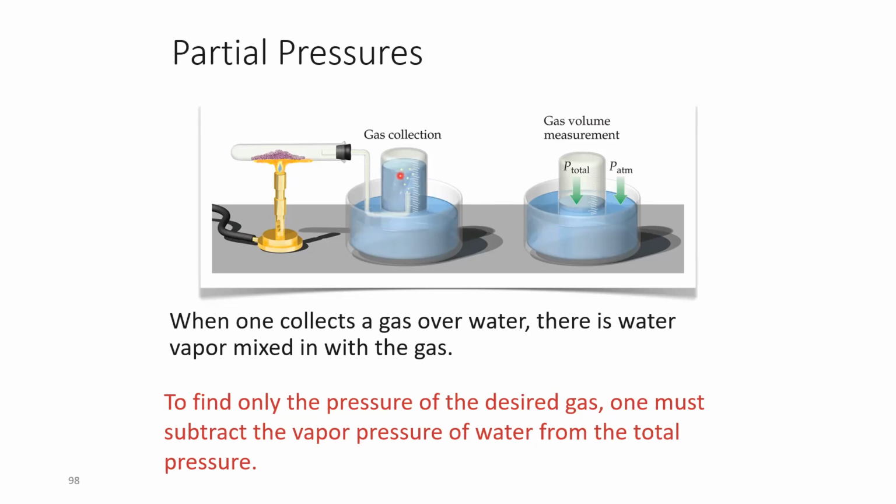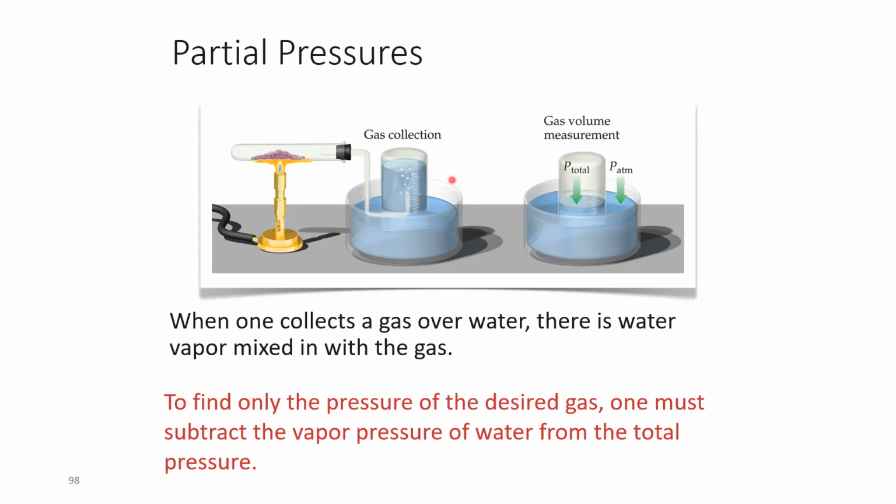So we need to account for both of those pieces. And again, this is why we use Dalton's law of partial pressure, because we know that the total pressure within this container is going to be equal to the atmospheric pressure. Then if we know the temperature of this water, we can get the vapor pressure, and that's going to be one of our two components.